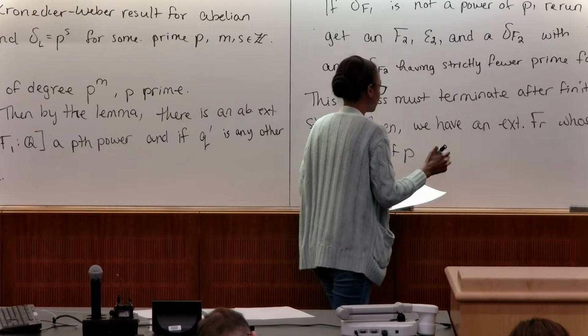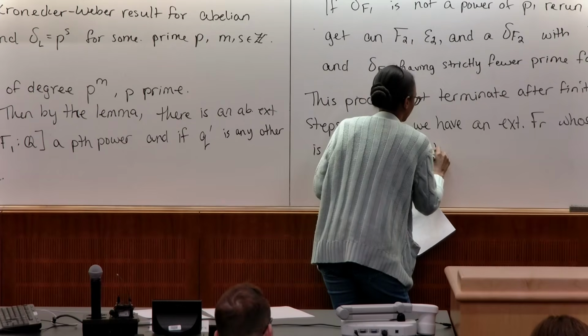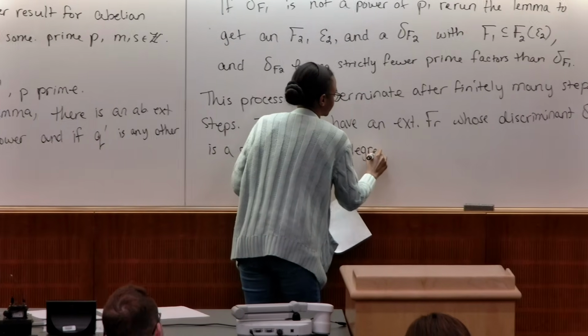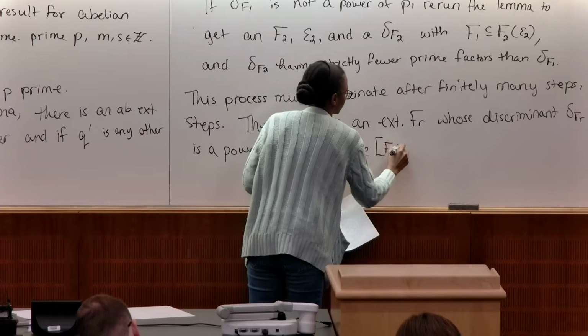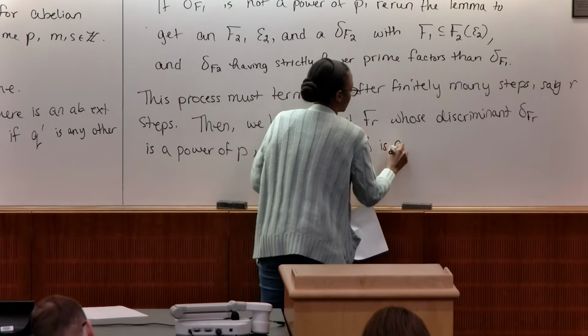So its discriminant is a power of P. Its degree over Q is also a power of P.